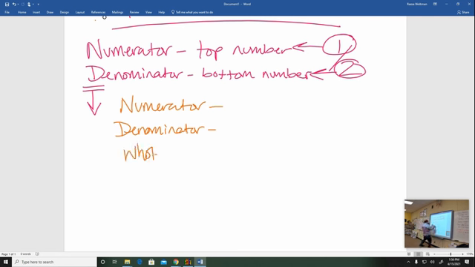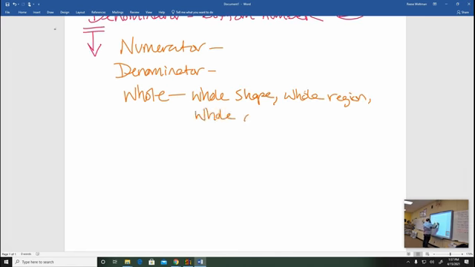The denominator also has to do with the whole, and a whole is your whole shape, your whole region, or in some cases, especially when you're using number lines, your whole distance.